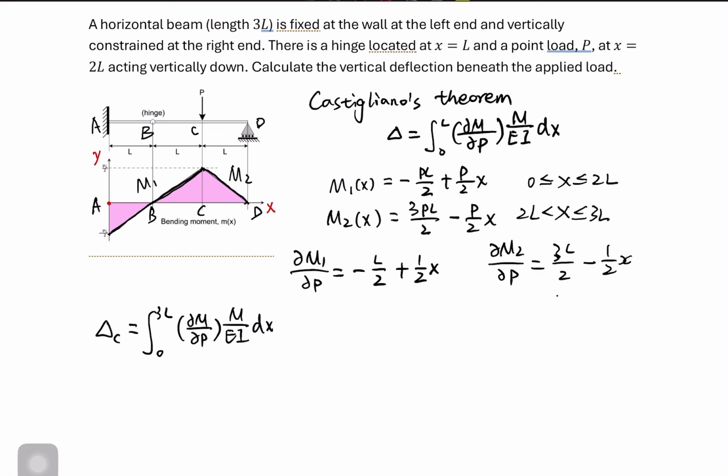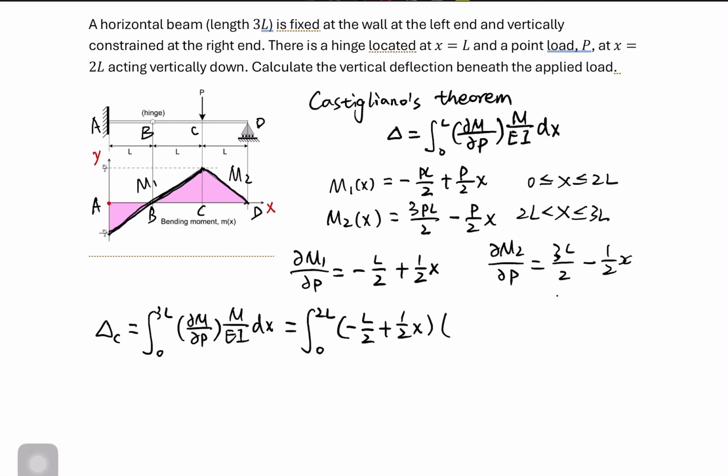We divide this bending moment diagram into two parts. The first part is from 0 to 2L, and is M1. So partial M1 over partial P is L over 2 plus 1 over 2 x, and from 0 to 2L M is this curve M1.